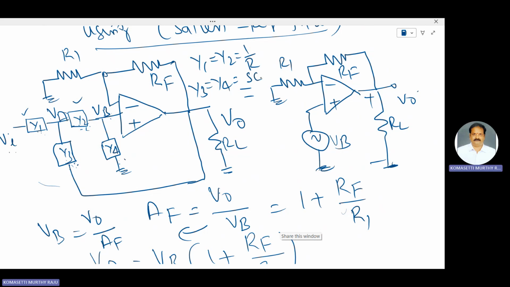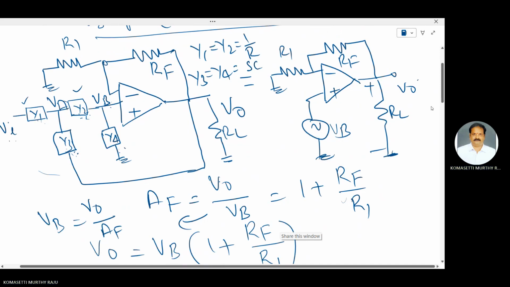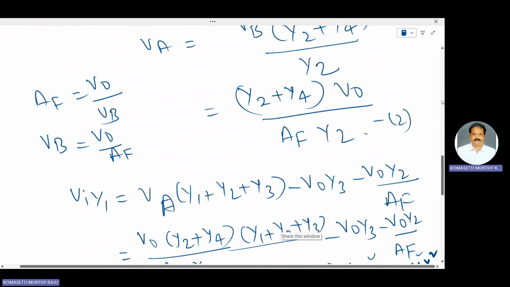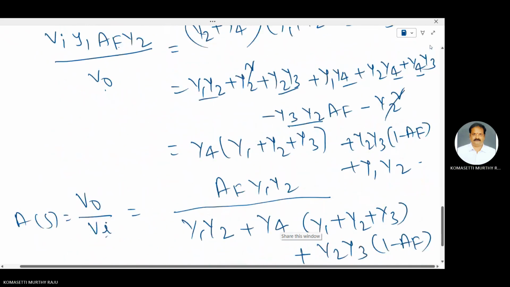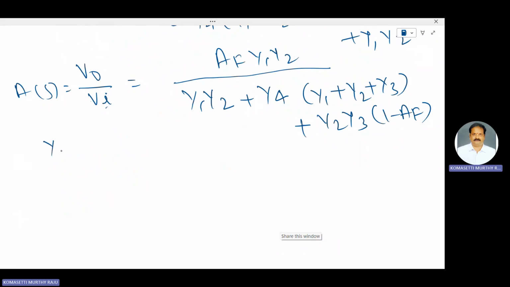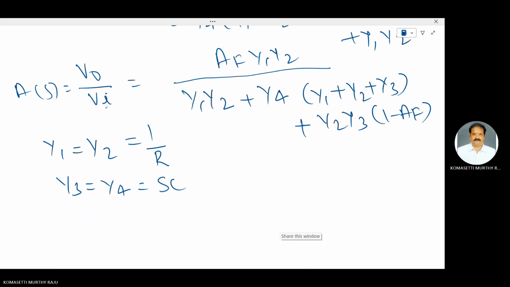Reactance is equal to 1 by SC, and 1 by 1 by SC is SC. Therefore, AF is equal to AF. Here y1 and y2 are equal to 1 by R. Y3 and y4 are equal to S into C.